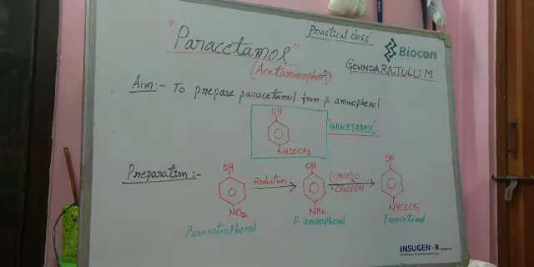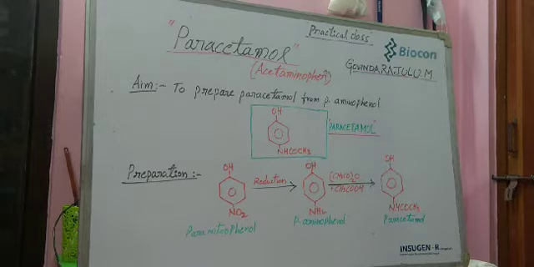Acetaminophen or paracetamol is excreted in the urine mainly as acetaminophen glucuronide, with small amounts of acetaminophen sulfate and mercapturate and the unchanged drug. About 80% of a dose of the drug is excreted in the urine as free and conjugated acetaminophen within 24 hours after ingestion.